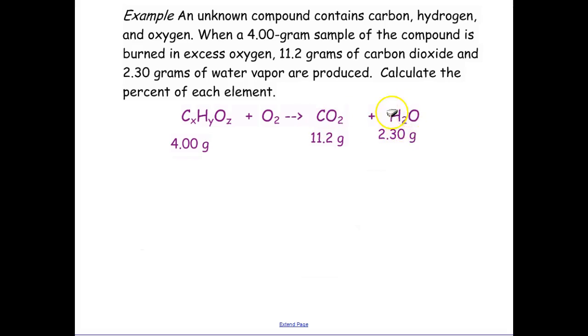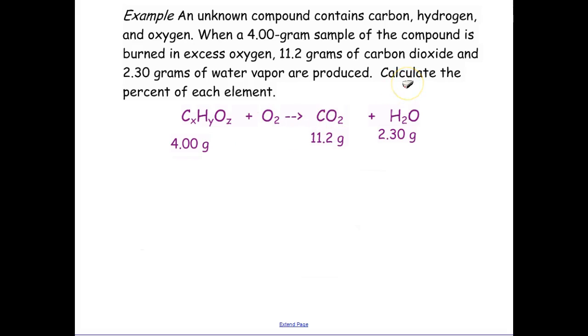I know the amount of hydrogen in water is the amount of hydrogen in my original compound. The amount of oxygen over in this product side is the amount of oxygen in the compound plus a completely unknown amount of oxygen from the atmosphere.